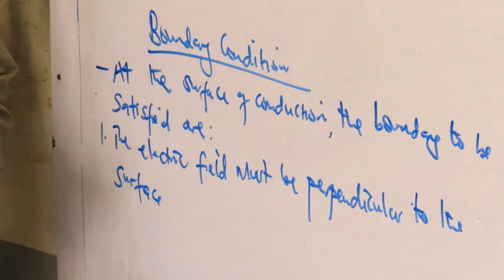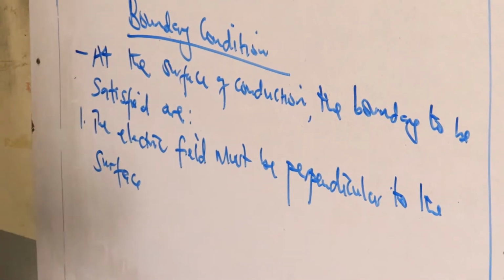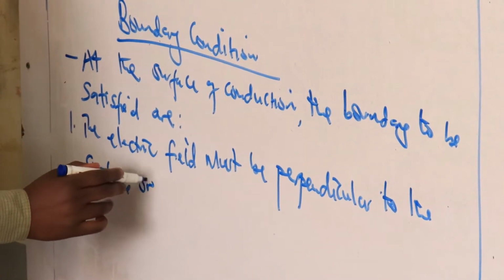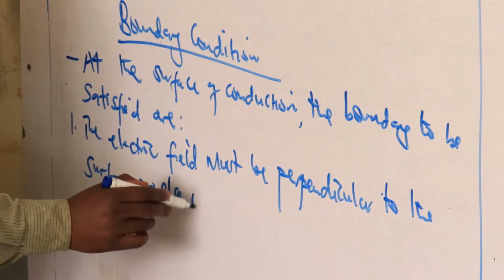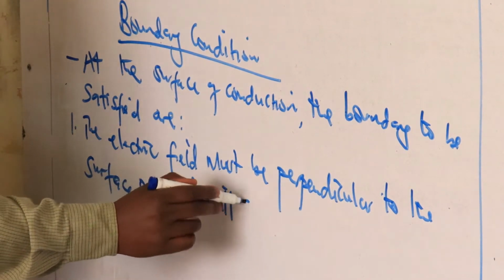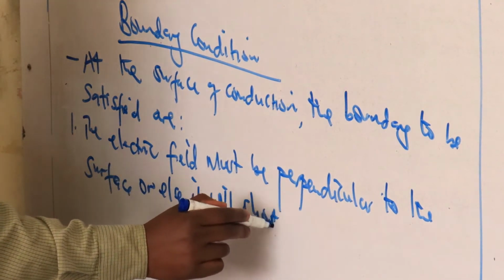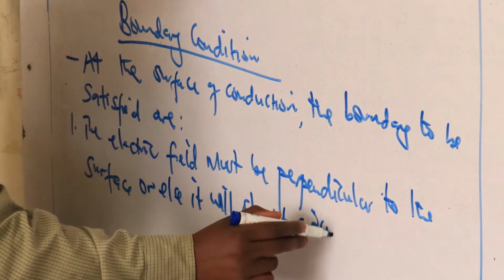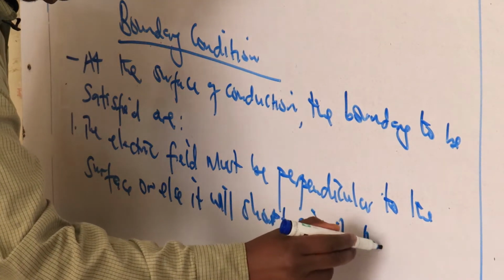The electric field must be perpendicular to the surface, or else it will short circuit the currents.